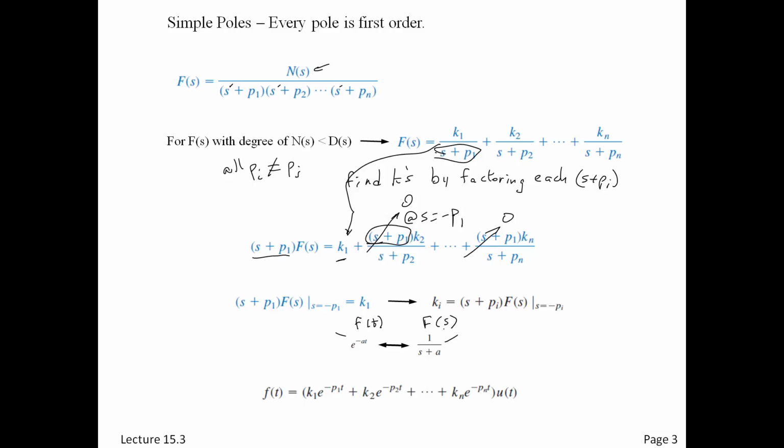Once I did that, I am going to have those constants, right here and here and here, times the exponent of that term. Everyone the same, okay? So, point here is, again, simple poles. Yeah, we like that. Okay.